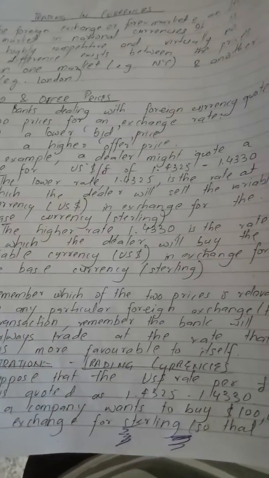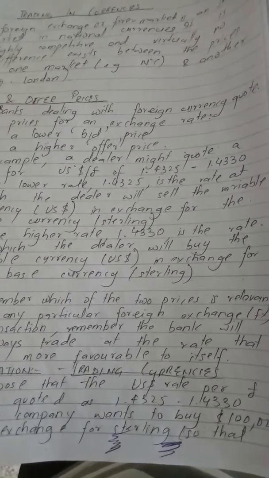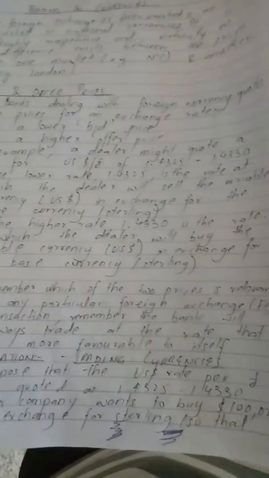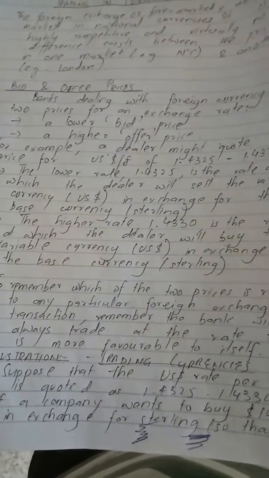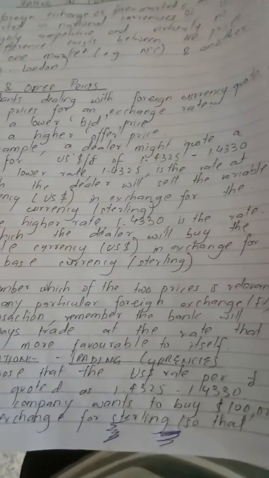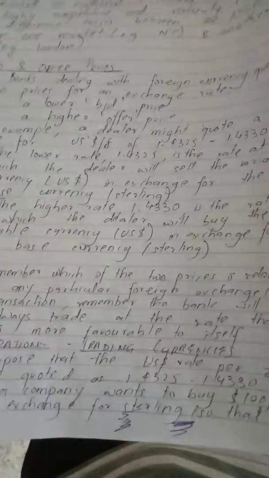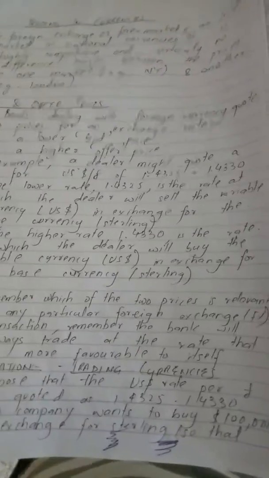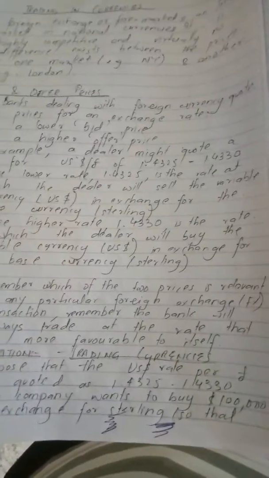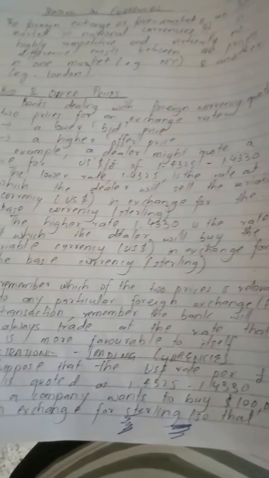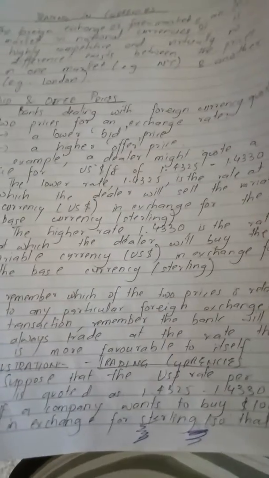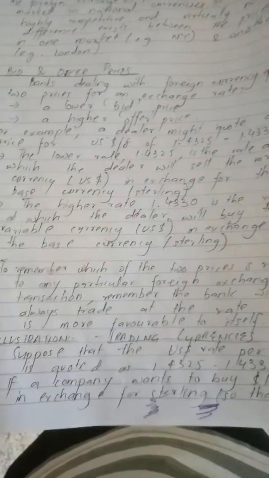The lower rate, 1.4325, is the rate at which the dealer will sell the variable currency, US dollar, in exchange for the base currency, sterling, and the higher rate, 1.4330, is the rate at which the dealer will buy the variable currency, US dollar, in exchange for the base currency, sterling.